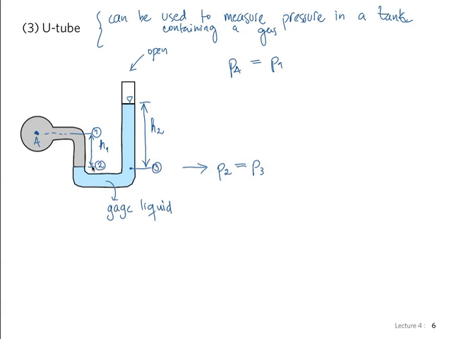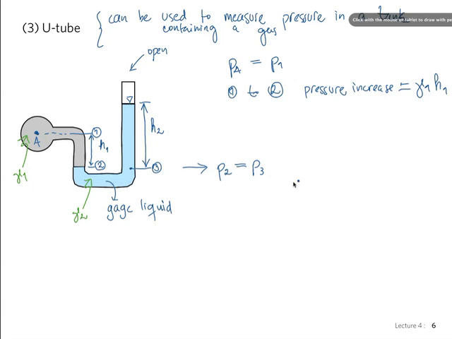From 1 to 2, we have a pressure increase of gamma 1 H1, where gamma 1 is the liquid in here, and here is going to be gamma 2. There's two fluids. This one could be a gas as well. So gamma 1 H1 is the difference in pressure between points 1 and 2. That makes sense? Okay.